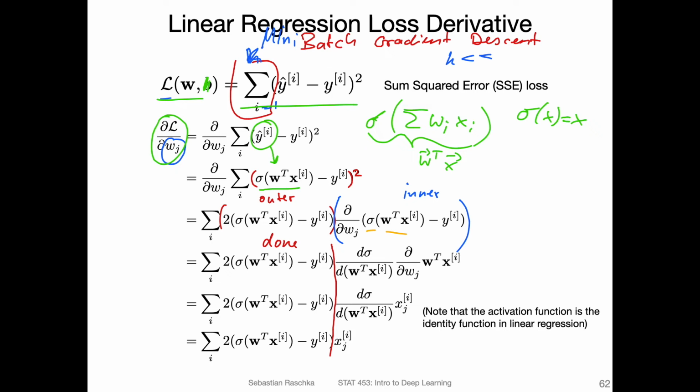On the left hand side is the outer derivative, the derivative of this activation function with respect to its input. The input is this term W transpose X, and on the right hand side I have the derivative of the inner part. Notice we cancel the minus y because this is just a constant, so this goes away.